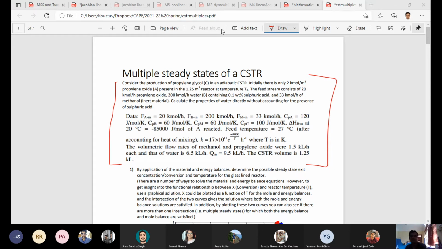For a staged tower or absorption tower, tray by tray, not plate, basically sieve tray or bubble cap tray, across each tray, how do the gas and liquid compositions change with time? That unsteady absorption column problem can also fall into this category, and we will see the occurrence if the equations are not very nonlinear. In that case, we will see how we can tackle those sort of equations.